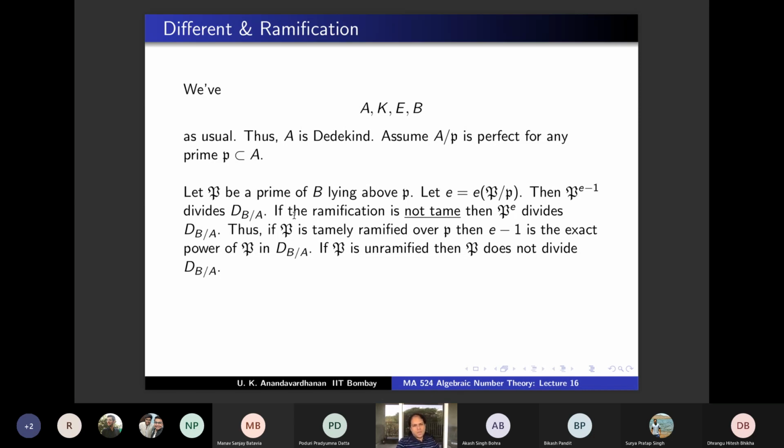So if you have capital P, you take capital P intersection A. So if this theorem is proved, which we are going to do in the next slide, then in particular you can conclude that if you have A and B containing A, there are only finitely many prime ideals of A which will ramify.